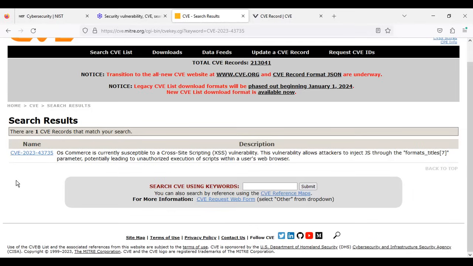What is the description of the vulnerability being found? How severe is this vulnerability? On a scale of 1 to 10, how can this be a danger to my web application? How can this be a danger to my mobile application? Or is it going to affect my database in real time?